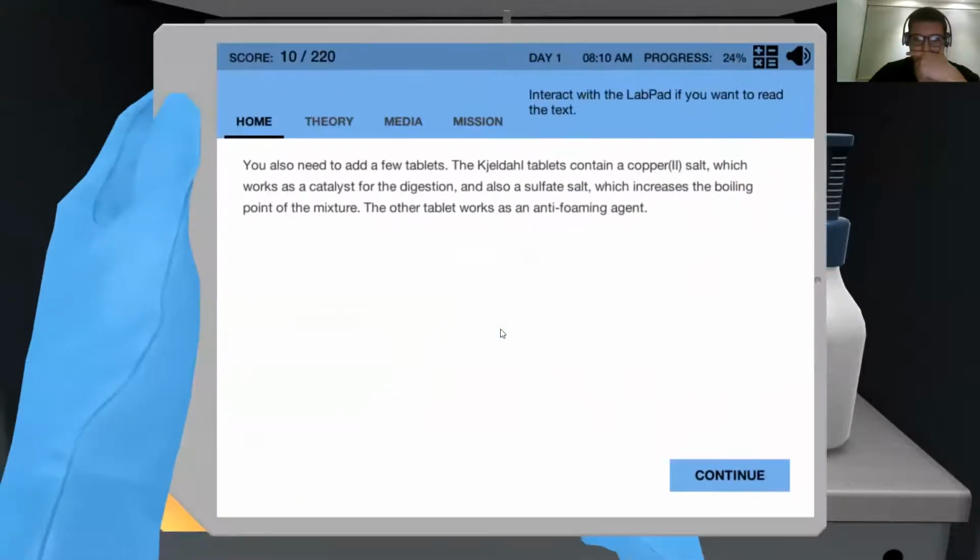You also need to add a few tablets. The Kjeldahl tablets contain a copper 2 salt, which works as a catalyst for the digestion, and also a sulfate salt, which increases the boiling point of the mixture. The other tablet works as an anti-foaming agent.